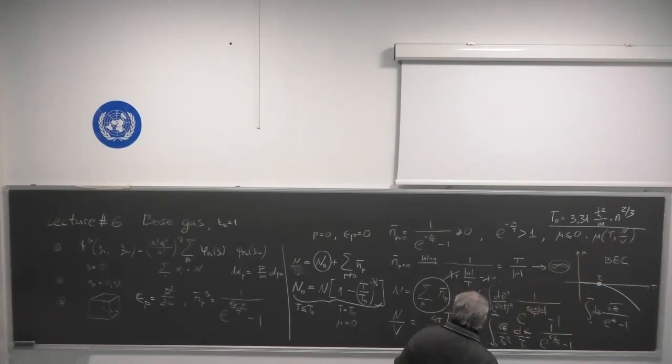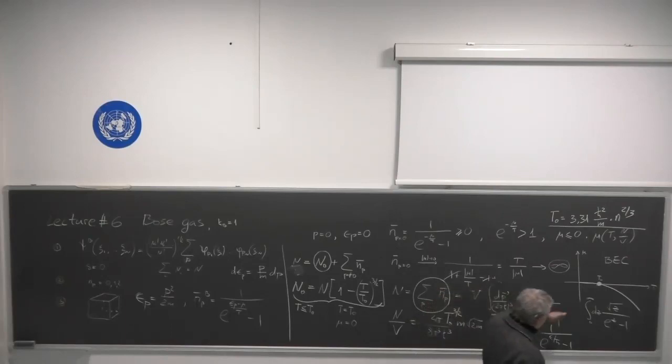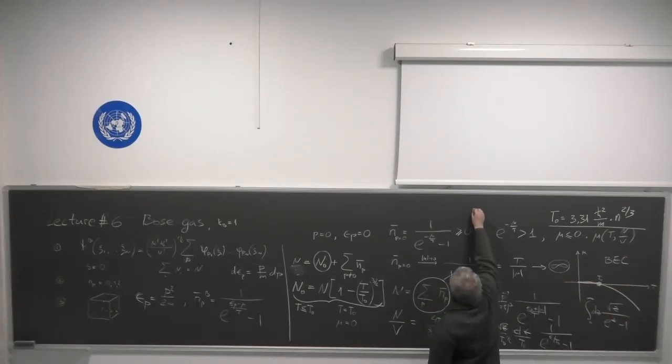Then I'm saying that if we formally look at this expression for temperature smaller than T0, and we say that everywhere for temperature smaller than T0 the chemical potential remains zero, then formally this calculation should be valid. And along the lines of what I did on the blackboard, I just replaced T0 by the actual temperature T. And what I get in the wrong calculations is that N over V is proportional to T over T0 to the power 3/2.